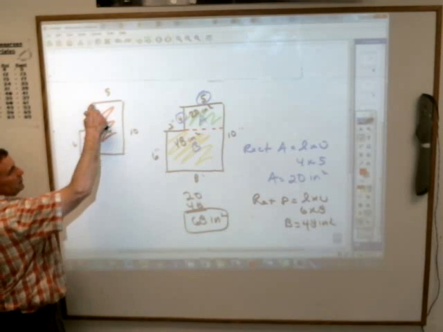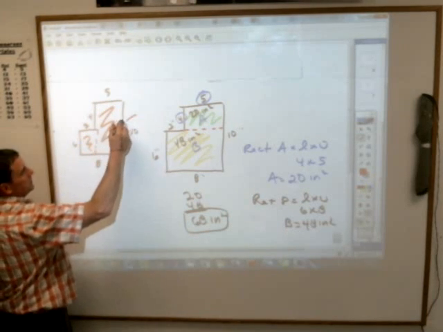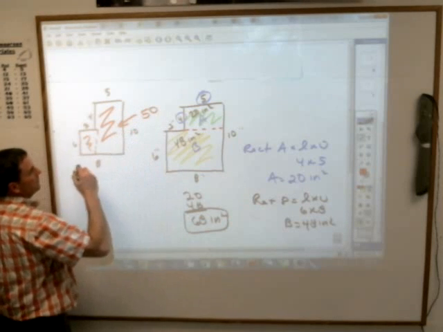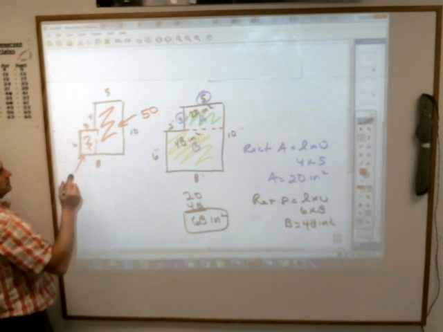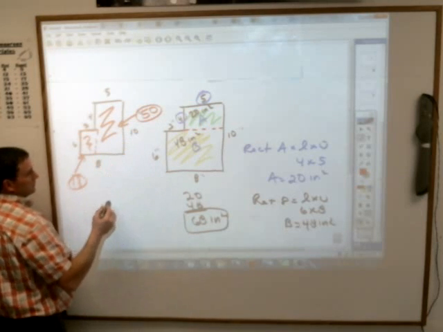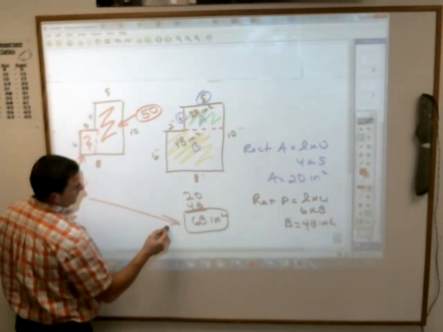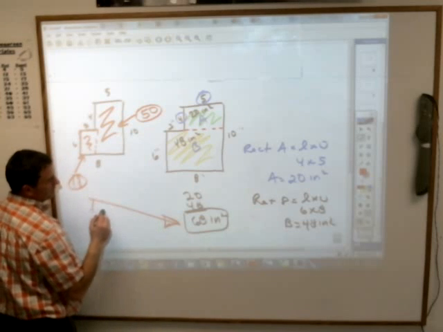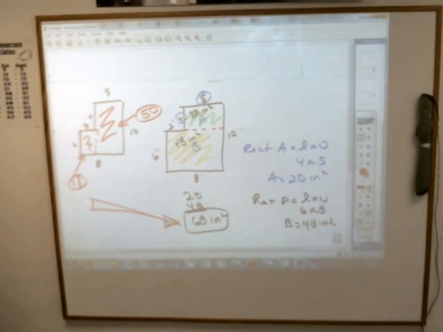Well, the big rectangle would be 5 times 10, which is 50. The little rectangle would be 3 times 6, which is 18. If you add 18 and 50 together, guess what you get? It's the same thing we had when we did it the other way. So it's your choice as to which way you do it. You should get the same answer either way, no matter what.